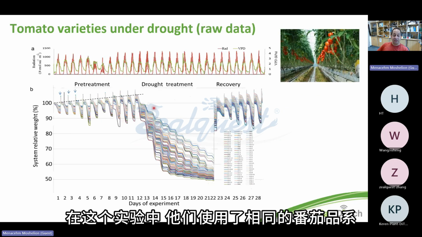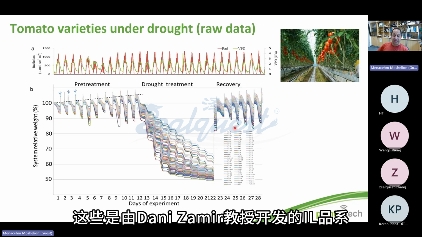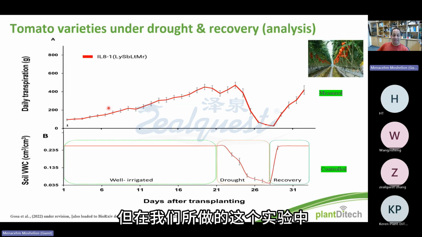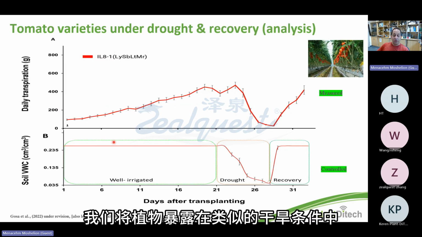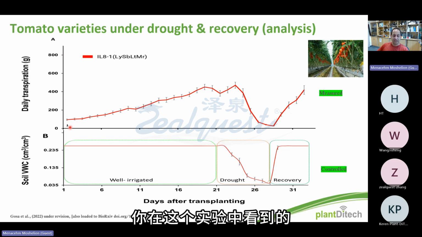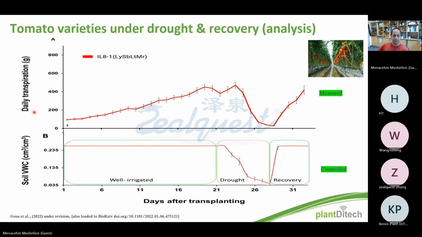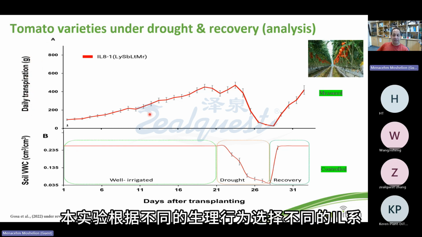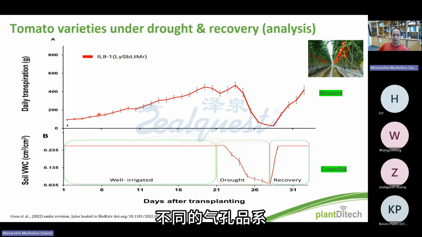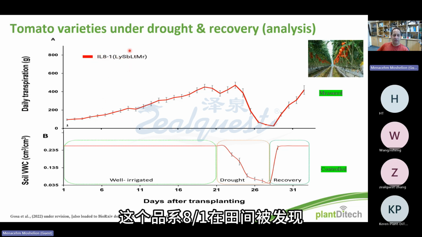In this experiment, they took the same tomato lines. These are the IL lines, introgression lines developed by Professor Dani Zamir. But in this experiment, what we did was expose the plants to a similar drought. So what you see here in this experiment is the daily transpiration. This experiment came to select different IL lines, different tomato lines, based on their physiological behavior.